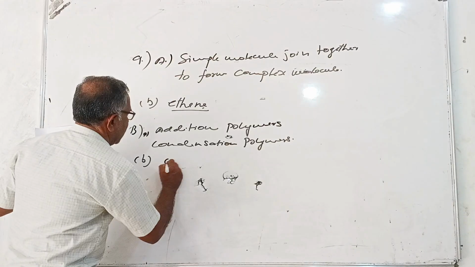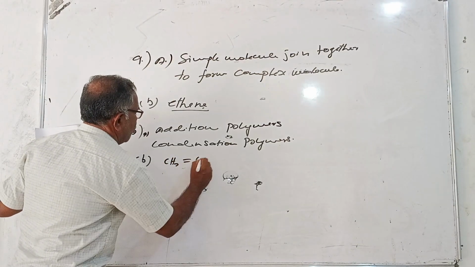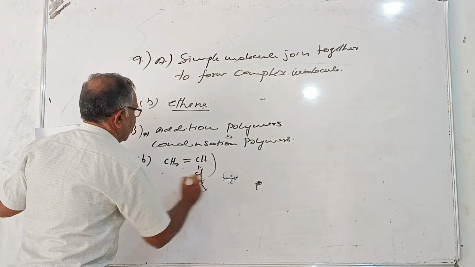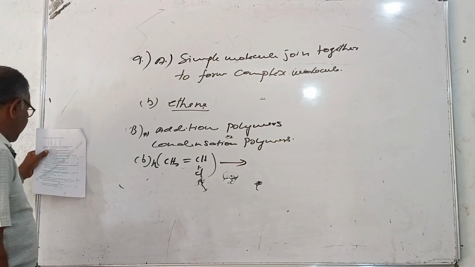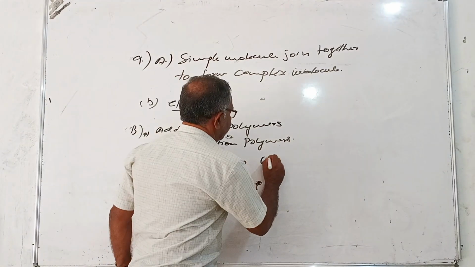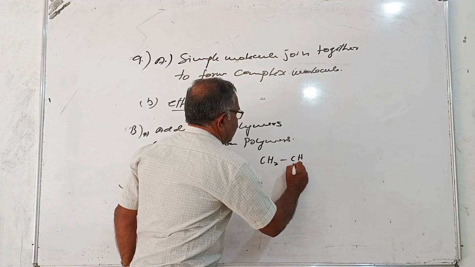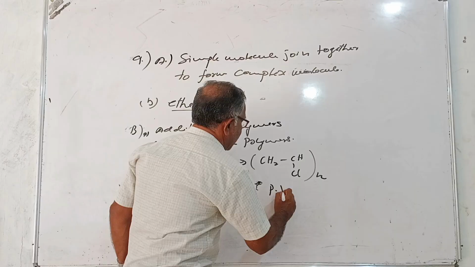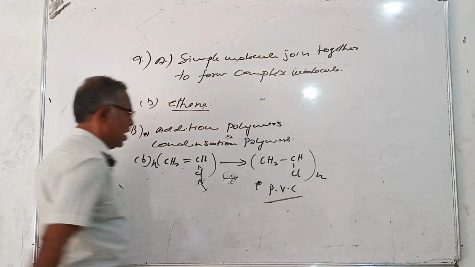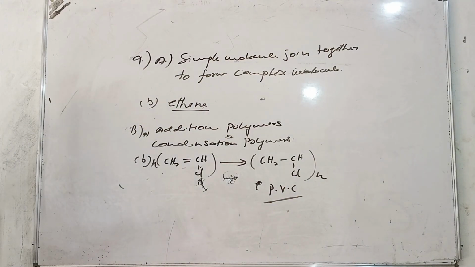We can write vinyl chloride like this: CH2 double bond CHCl, n times. When it polymerizes, we get the chain of CH2 CHCl units. So this is PVC, polyvinyl chloride.